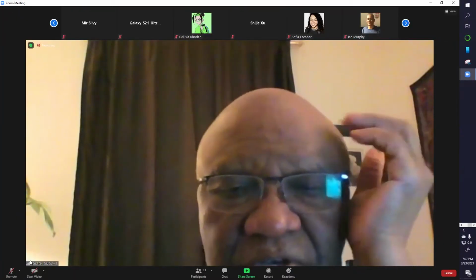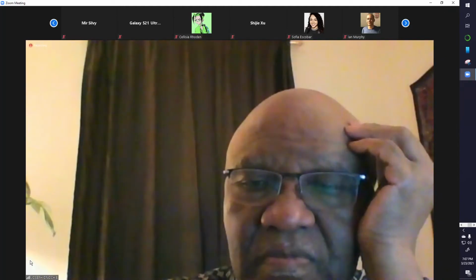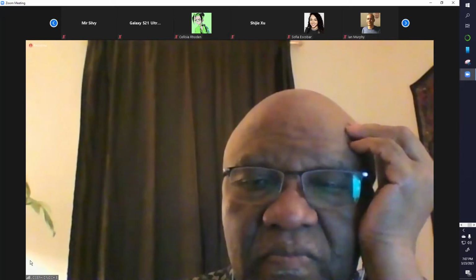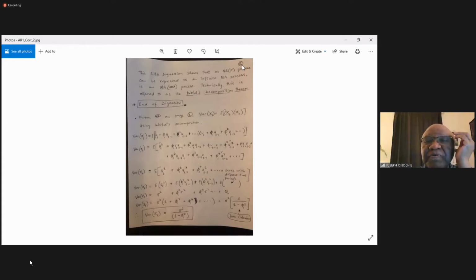So let me show you. This is from last Thursday, page 2, and look at the bottom here. This is the variance. Oh, you can't see this because it's too small, let me make this a little larger.